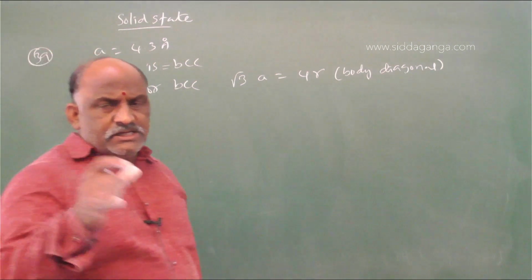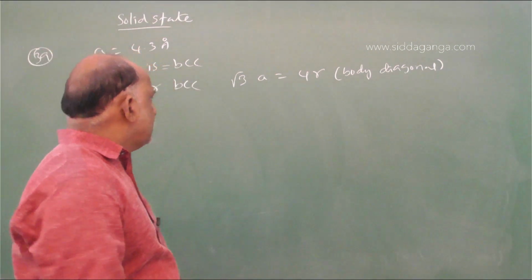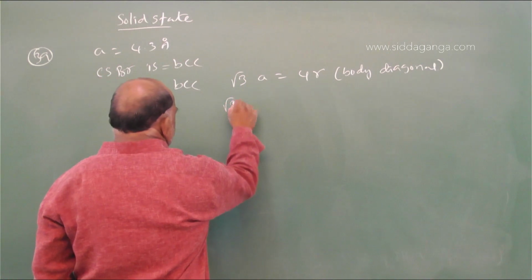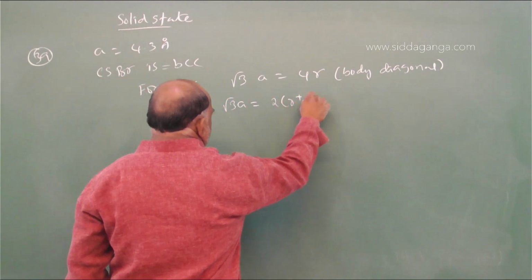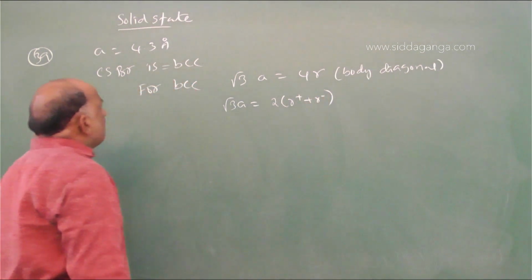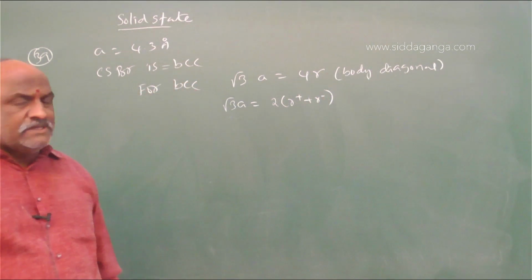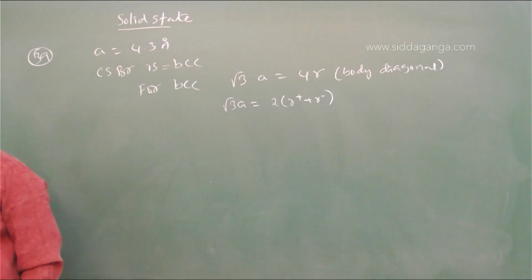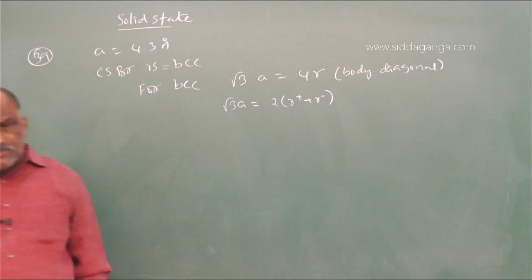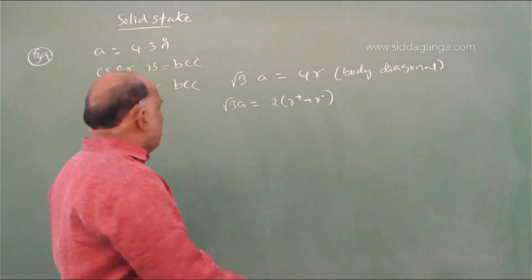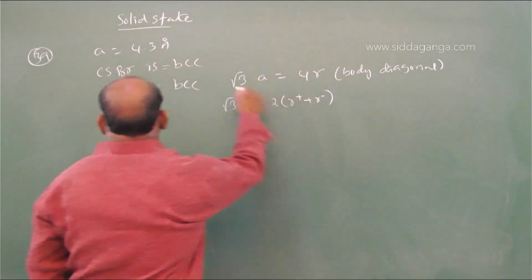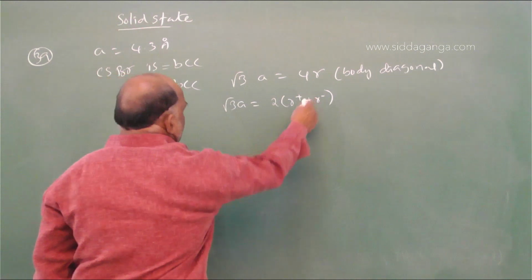The shortest distance between cesium plus and Br minus: root 3a is equal to 2 into (r plus plus r minus). Here r plus is cesium and r minus is bromide.